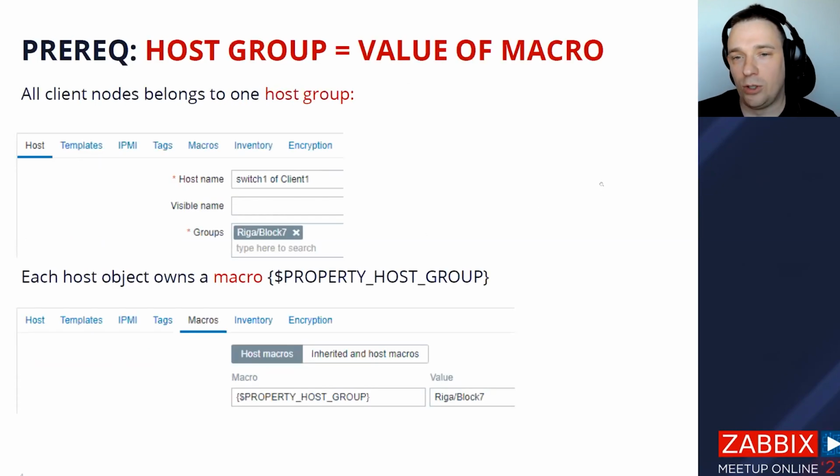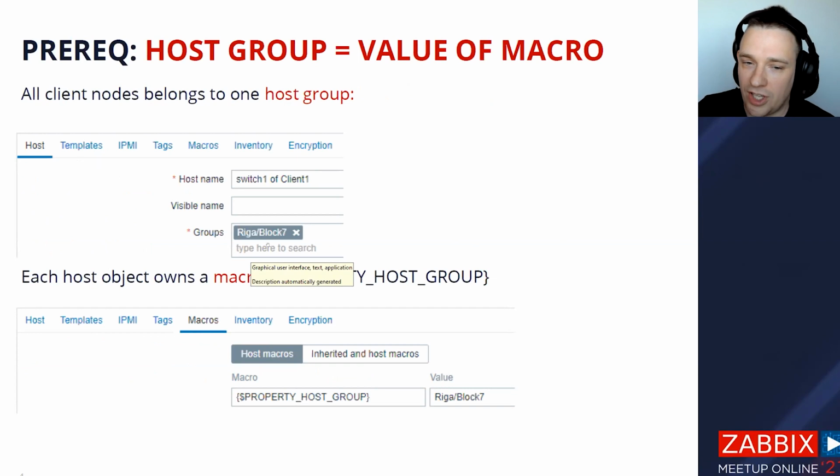In order to run this solution, we have to have some prerequisites. The first prerequisite is we need to put all client devices inside the same host group. Here in the screenshot, Riga block 7. So this is a property.